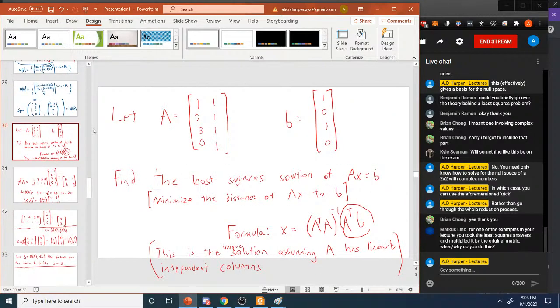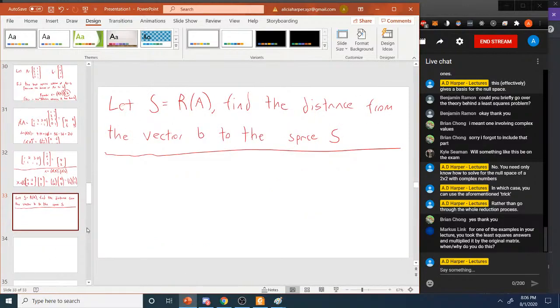So A is this matrix, and B is this vector. And I haven't asked you to find the least squares solution. Instead, I've asked you to find the distance from the vector B to the space S. So how do I go about this?